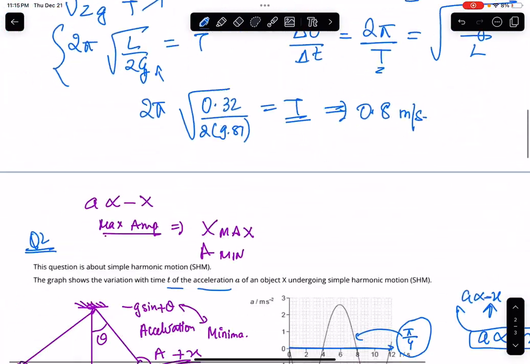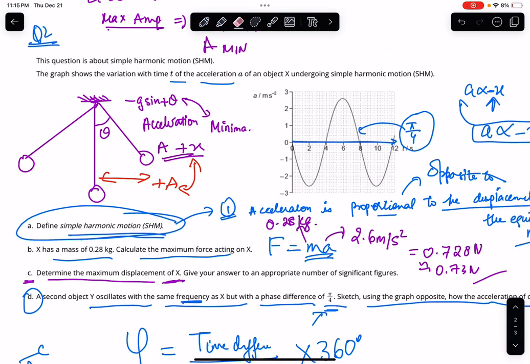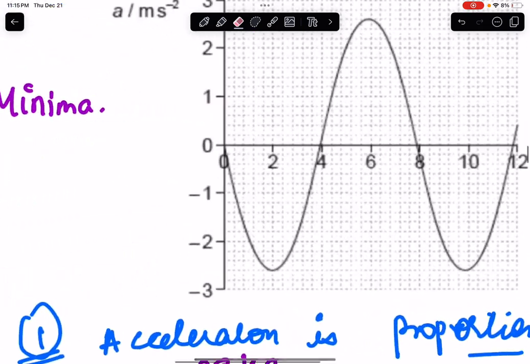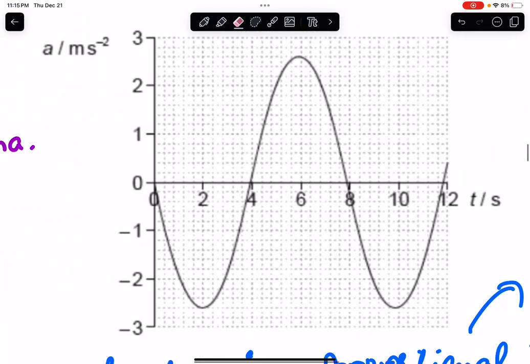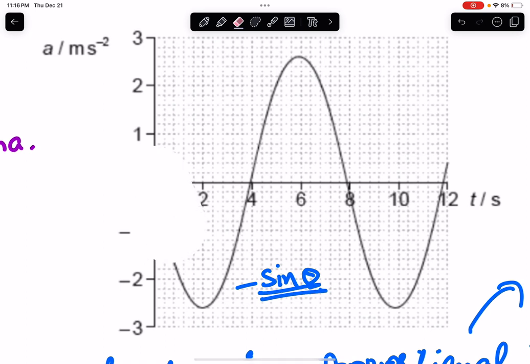So we go back to the system over here, and what we see is that this function is of the form of negative sine theta, right? I've explained this, sort of recognizing these functions.